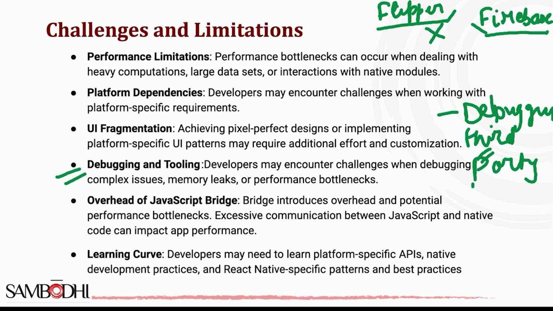Debugging third-party libraries is way too tedious. We can debug our own code, but the third-party library can be written in iOS specific or Android specific code, or maybe in JavaScript, and it is really tedious to go into that and debug it when React Native has so much dependency on these third-party libraries.